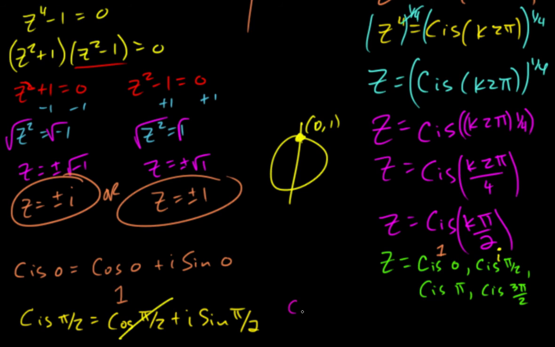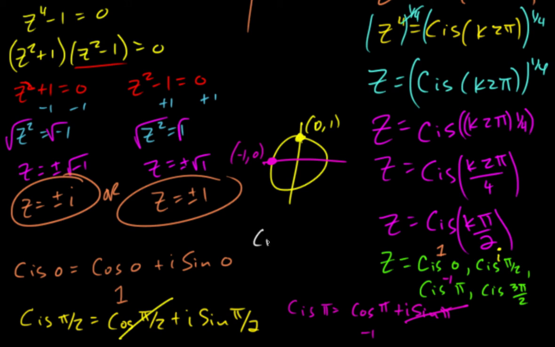Okay, now if we do cis pi, that's cosine pi plus I sine pi, and pi is right here, which is -1, 0. So cosine goes to -1, this goes to 0, and so overall it's just -1.